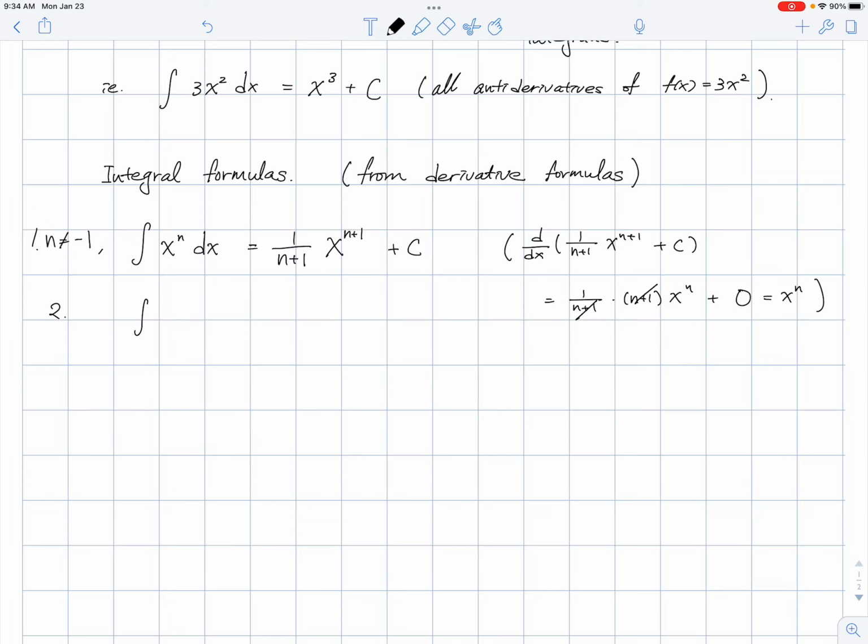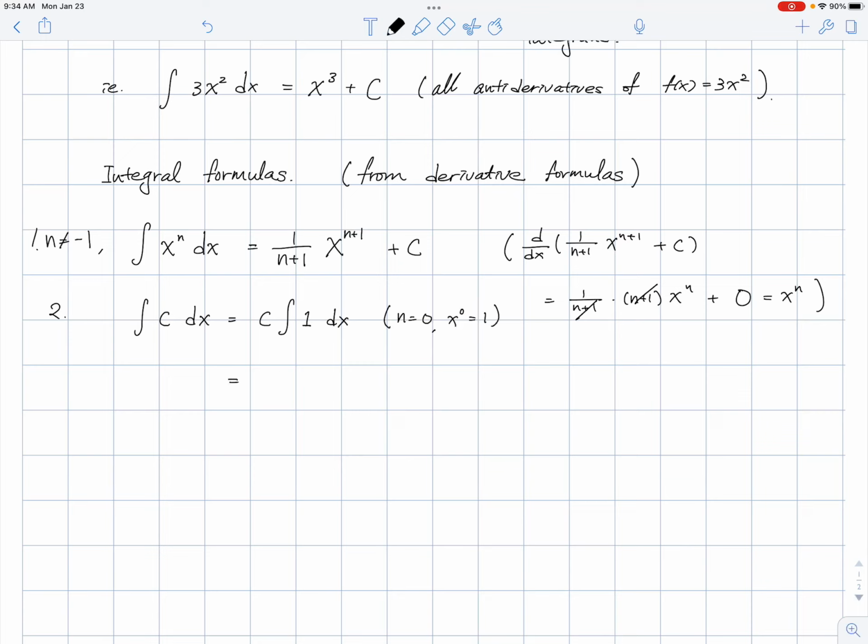Second, if you have c, a constant, this will give you c times x. Now notice that this is a special case of the first formula. This is the case when n is equal to 0, right? Because x to the power 0 is equal to 1.